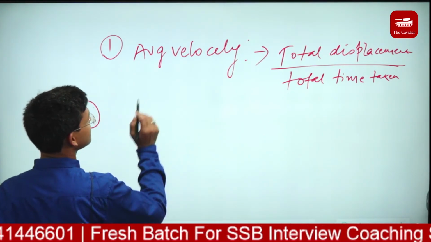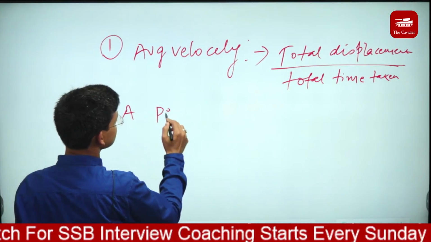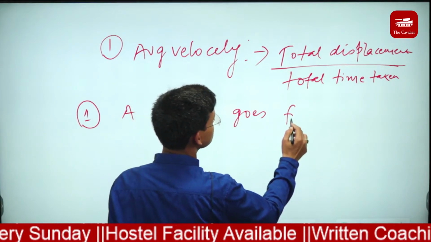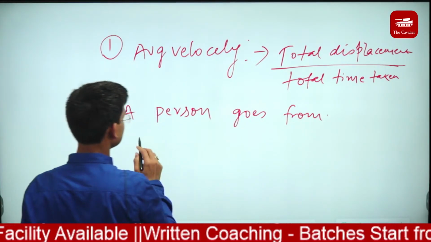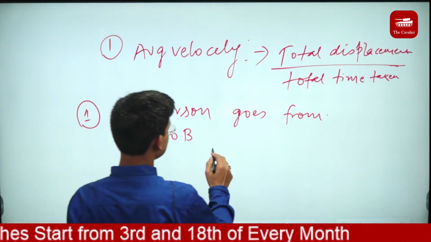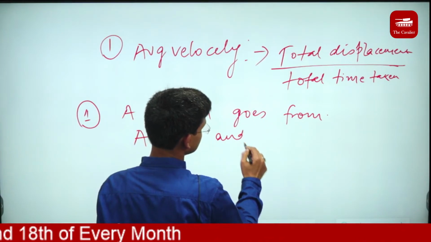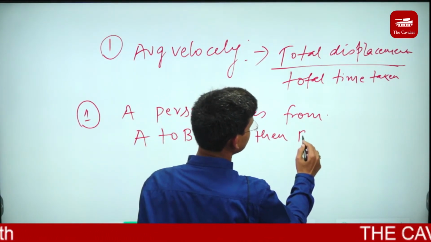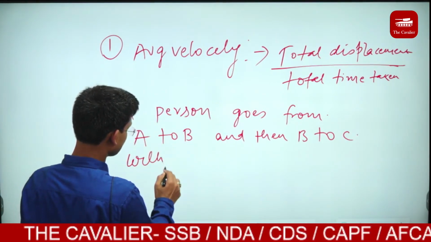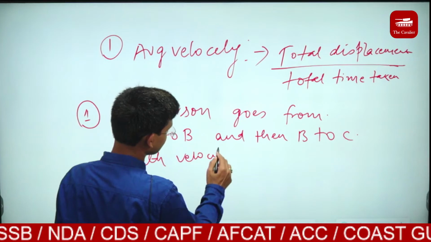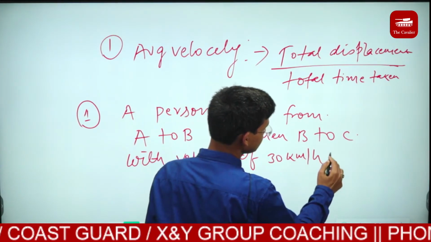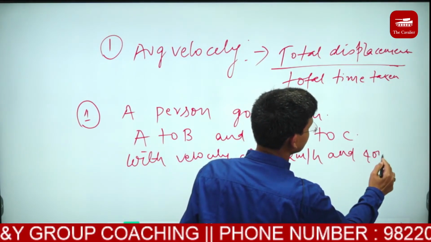In that case, a person goes from A to B and then B to C with velocities of 30 km per hour and 40 km per hour.